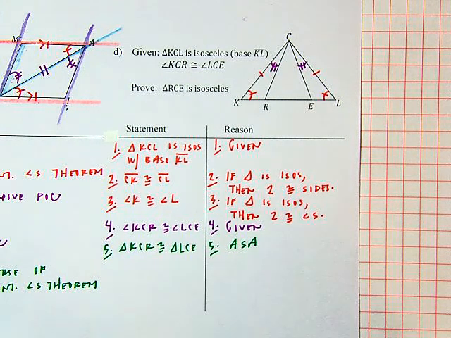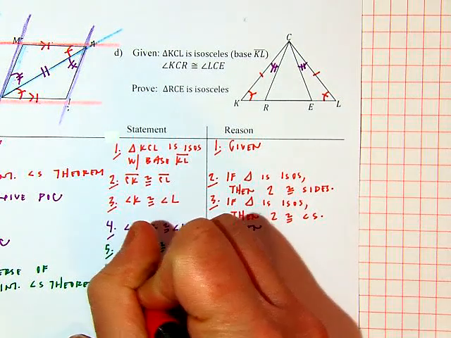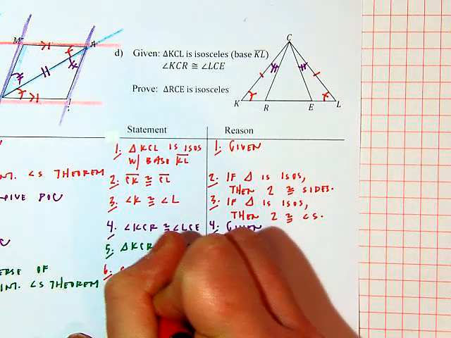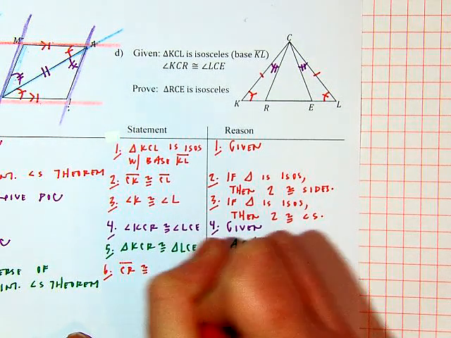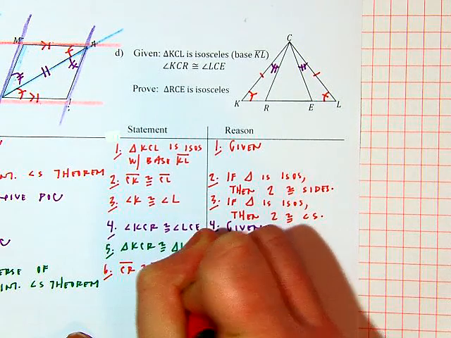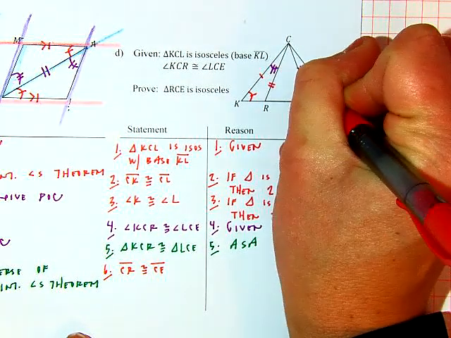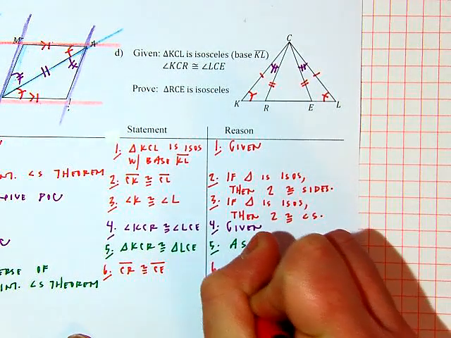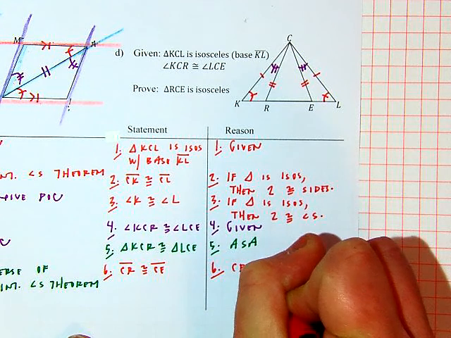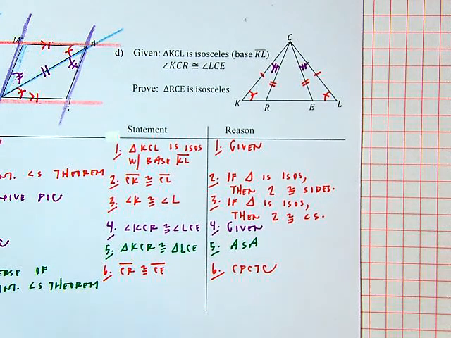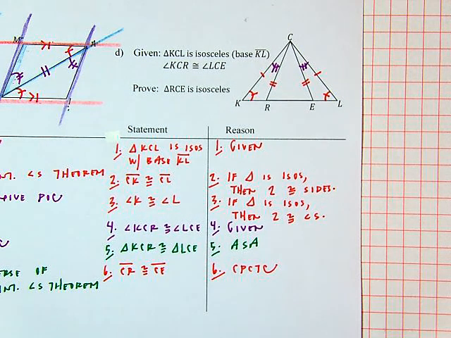So right now, if my triangles are congruent, then I know that CR has to be congruent to CE. Here and here, right? That is CPCTC. All right, and now, since I have a triangle with two congruent sides, I can reach my conclusion that that triangle is isosceles.